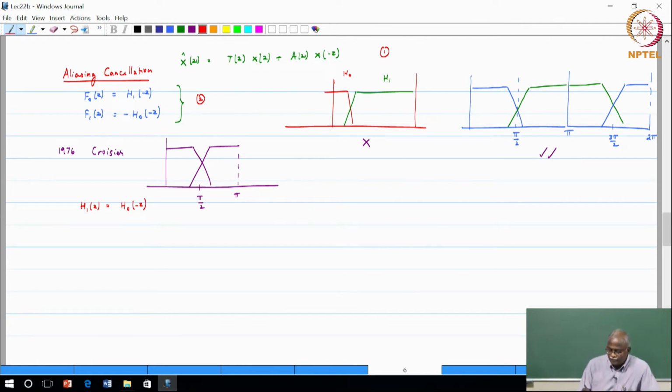By the way, pi by 2 has got a name, it is called the quadrature frequency, because it is 1/4 of the sampling frequency.